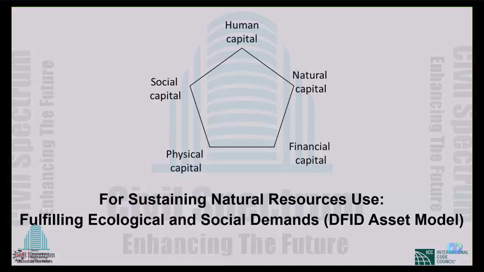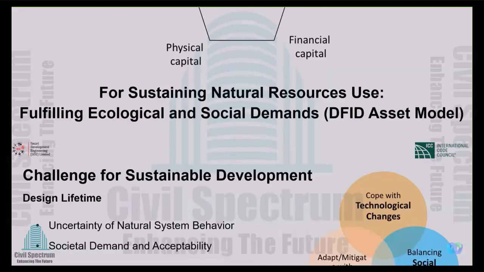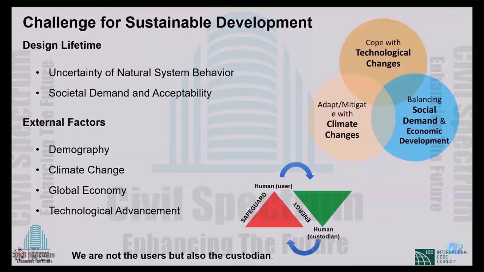We have to be careful about sustainable development. There are many thoughts regarding sustainable development. Here I want to highlight the challenges for sustainable development. What are the barriers? What are we going to face when we implement sustainable development?